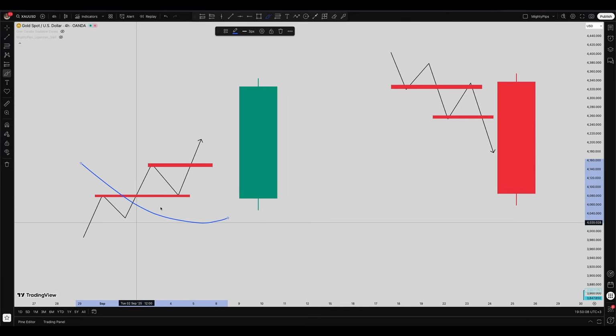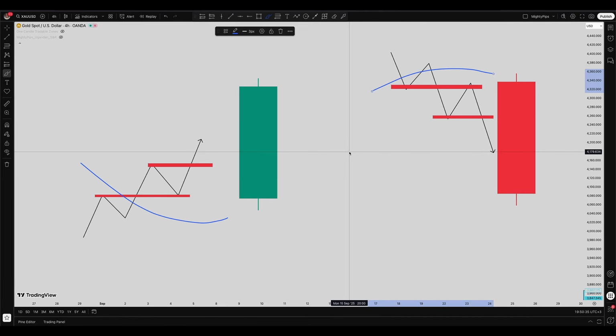So you want to confirm a bullish market structure or a bullish trend by adding a 20 period moving average on your chart. Also, in a bearish market structure, you want to see the 20 period moving average above the price like this. The candles should be below the 20 period moving average. That's when you confirm that the market is trending down.